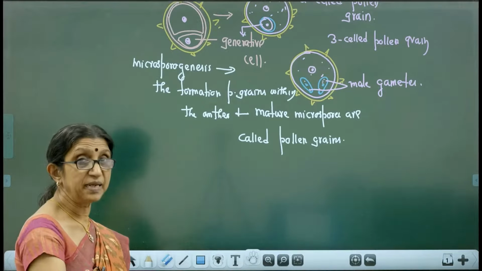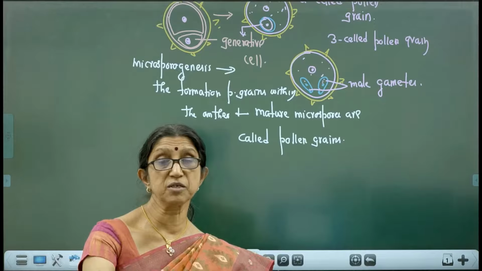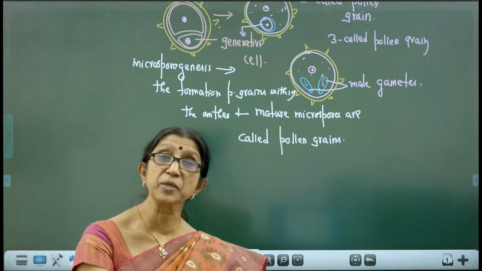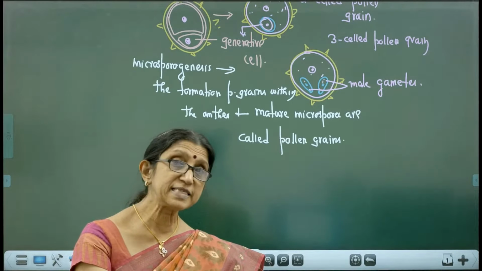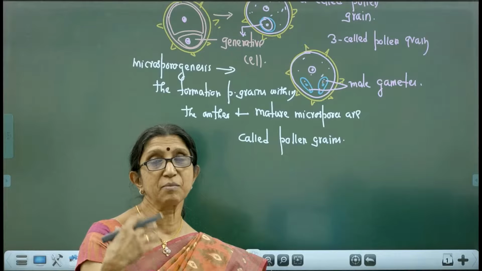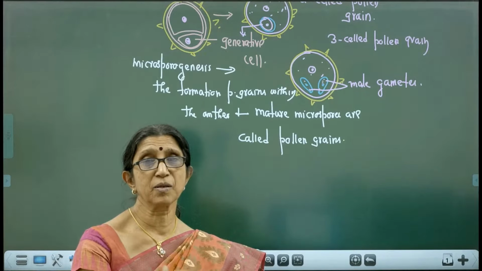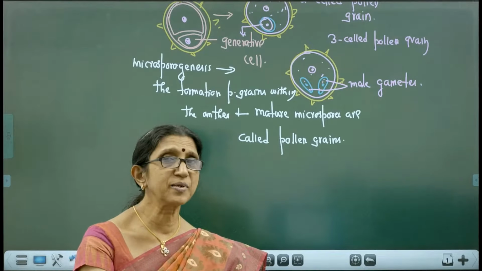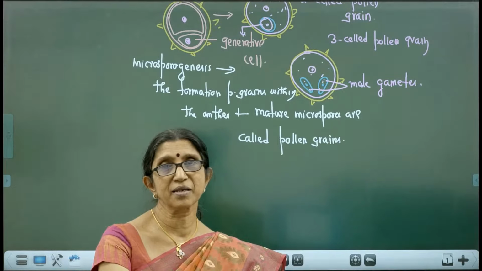At the same time, we can see certain pollens of plants causing some sort of allergy to us. This is because of the proteins present in the pollen grains. Pollen grains are rich in protein also. In some people, the pollen grains can bring about allergy, that is asthma problems, bronchial problems, respiratory problems like that. This is mainly because of the different types of proteins present in the pollen grain.